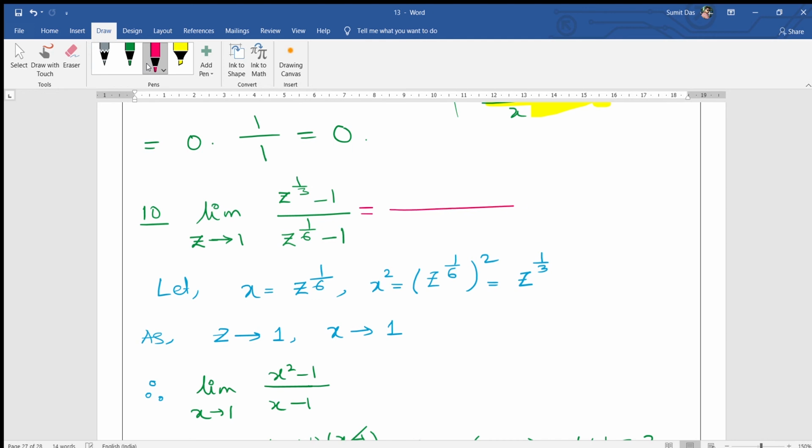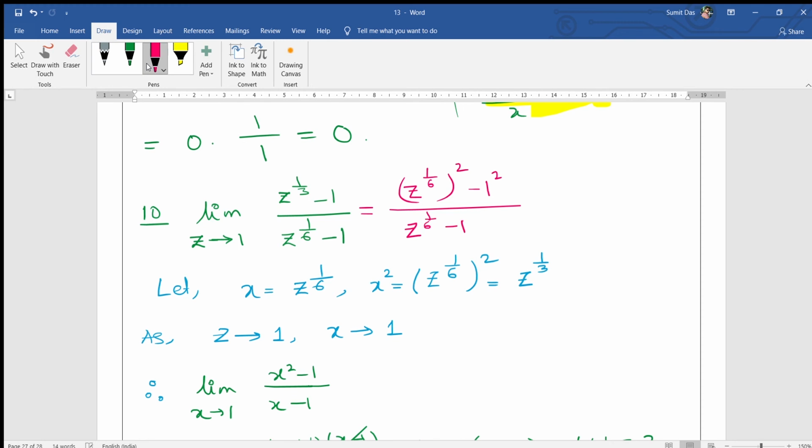So we can write this z to the power 1 by 3 as z to the power 1 by 6 whole square. Look, this 2 and 6 will cancel, it will be 3. So z to the power 1 by 3 remains the same, and minus 1 square, and the denominator stays the same, z to the power 1 by 6 minus 1.